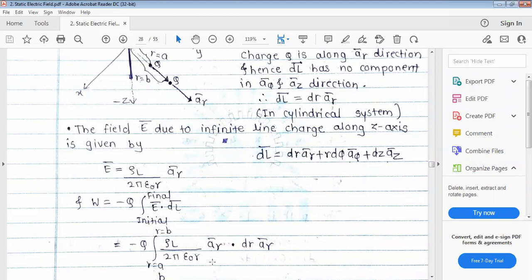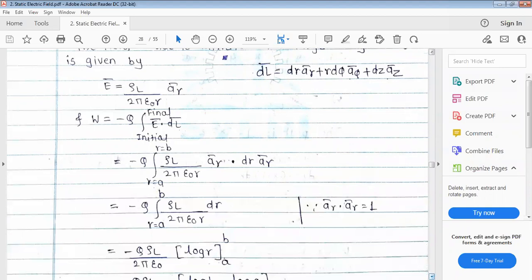If you take the dot product with dl bar, A bar R dot A bar phi and A bar R dot A bar Z will be 0; only the A bar R dot A bar R term will be 1.